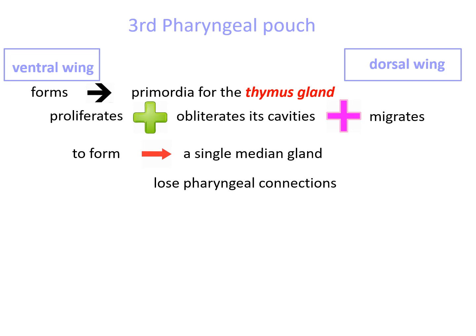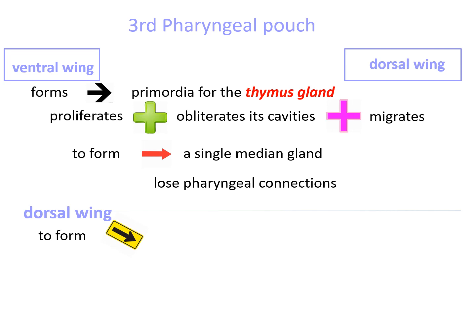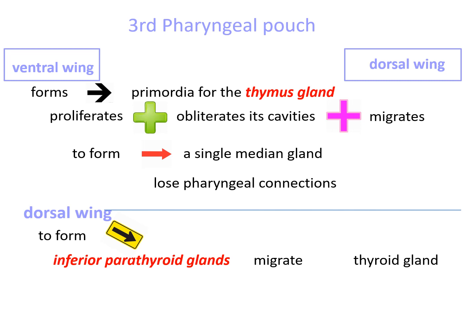It will come down and lose its pharyngeal connections. Now the dorsal wing will form the inferior parathyroid glands, which migrate as well to the thyroid gland and lose their pharyngeal connections.